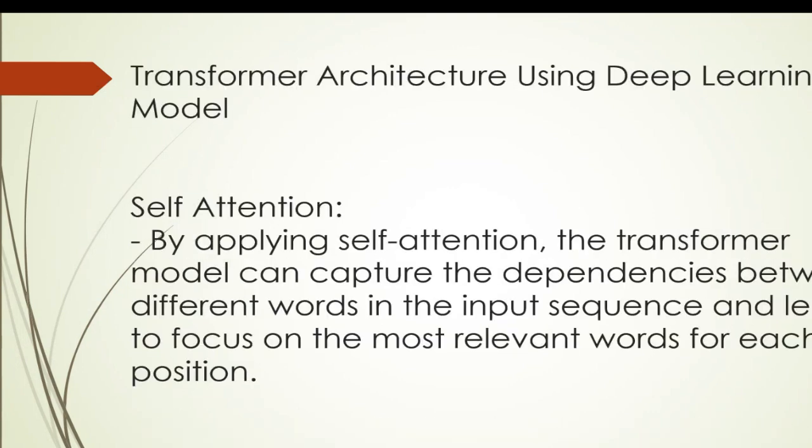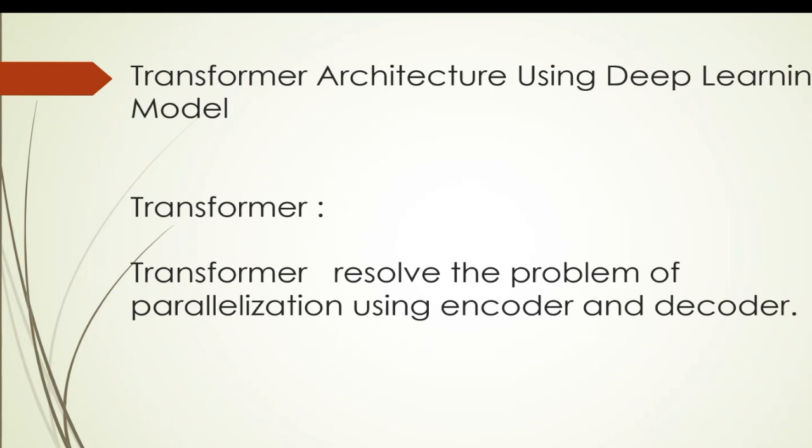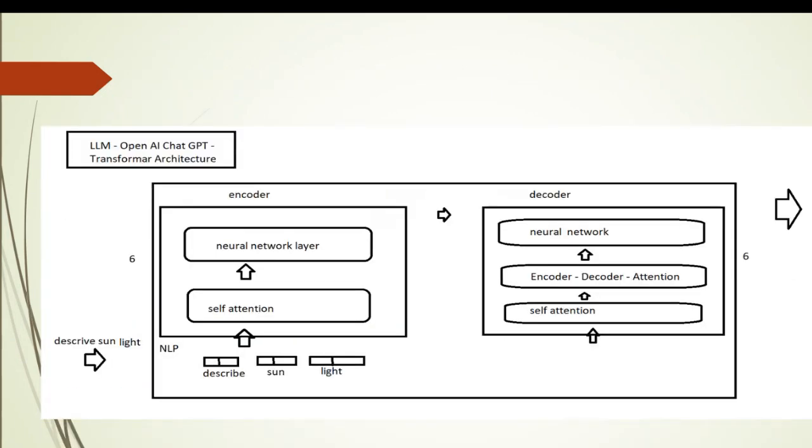We found the self-attention model, where you find different words in the input sequence and learn to focus on the most relevant words for each position. Then you find the transformer model, where parallelism is resolved with the help of the transformer using encoder and decoder. And the complete overview shows how an LLM architecture looks for ChatGPT.